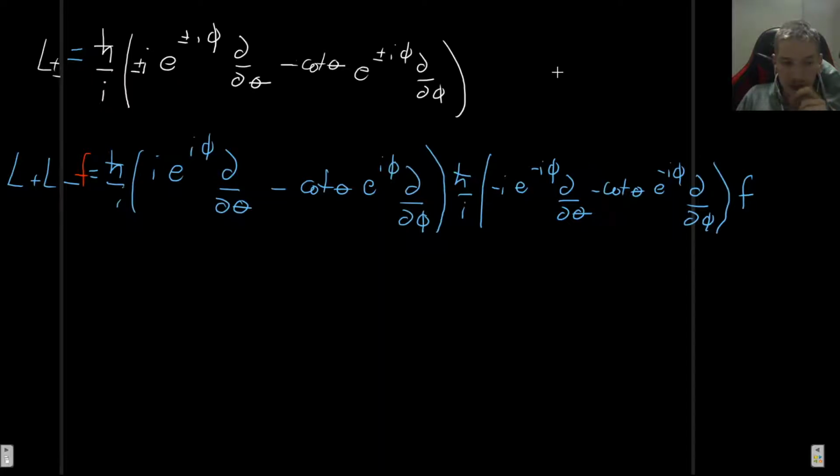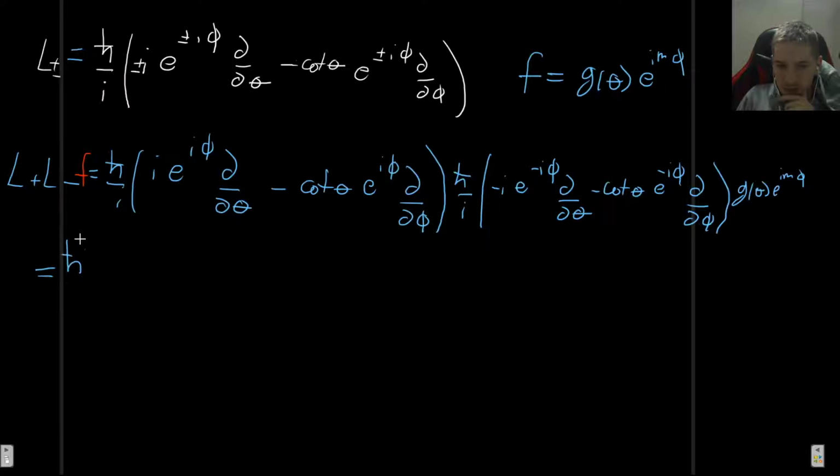Now let's remember what f is. We already know f is going to be some function of theta times e to the i m phi. So let's write it in that form. This is g of theta e to the i m phi. So let's see, what can we begin simplifying here?